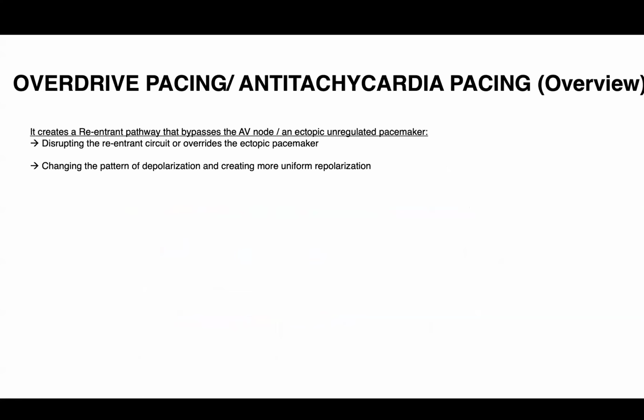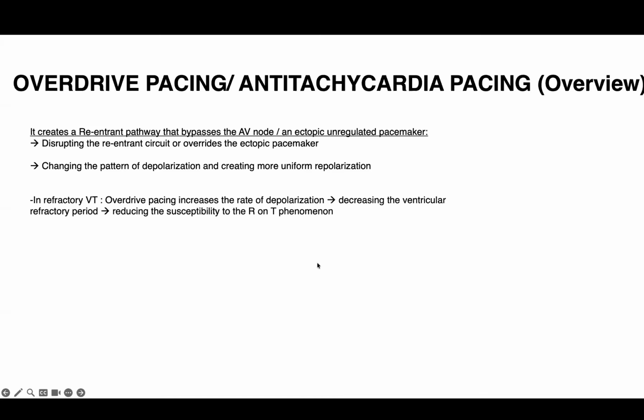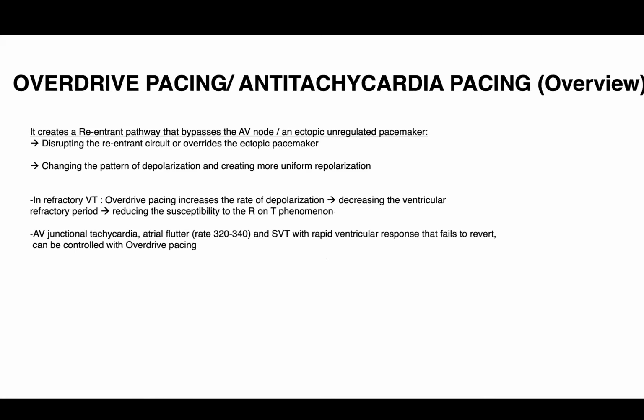Then there is something called overdrive pacing. So it creates a re-entrant pathway that bypasses the AV node. So it disrupts the re-entrant circuit and overrides the ectopic pacemaker, changing the pattern of depolarization and creating more uniform repolarization. So in refractory VT, overdrive pacing increases the rate of depolarization, decreasing the ventricular refractory period, reducing the susceptibility to the R-on-T phenomenon.